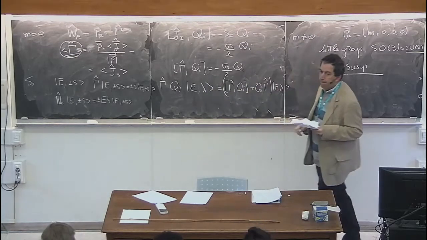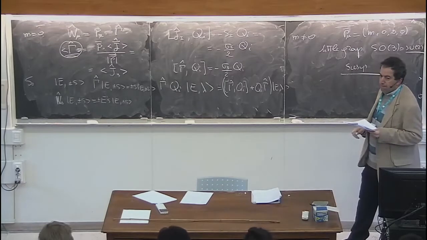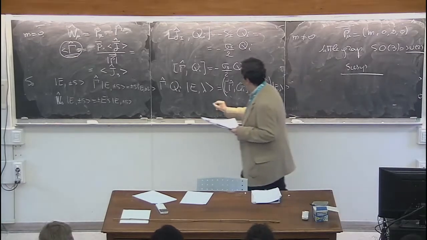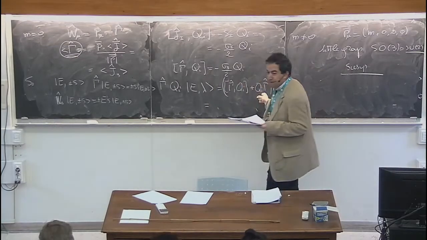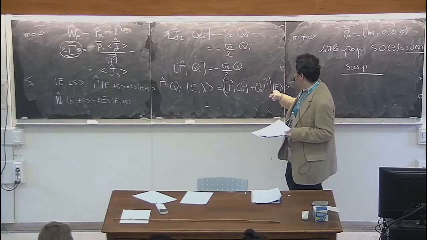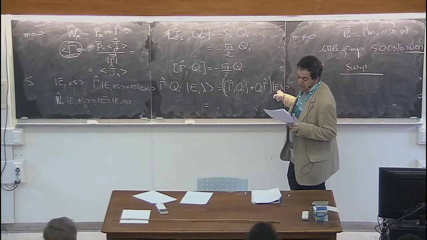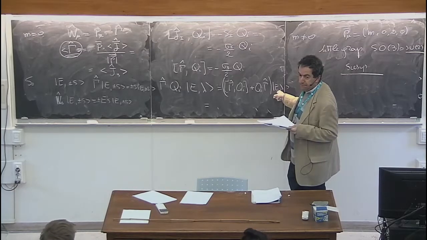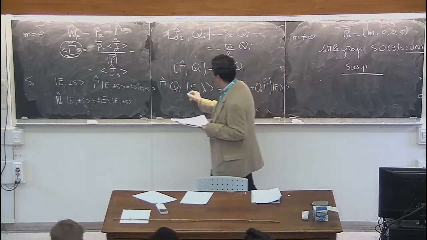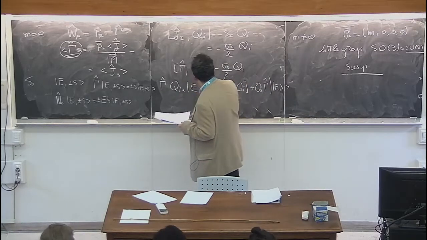But gamma on E lambda is lambda times the identity. Here there is an index i, and there is an index alpha here.